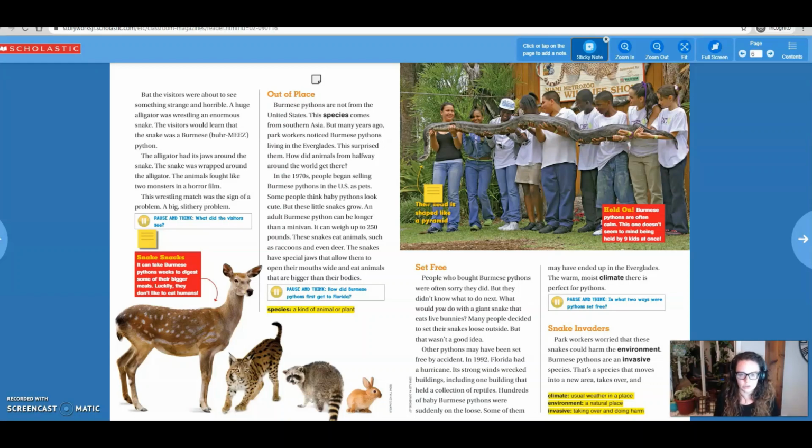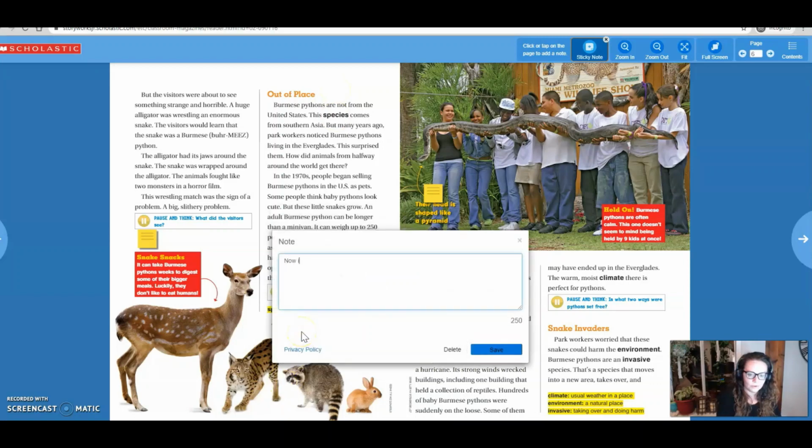They were introduced there by people. And I think I can infer that sometimes when the snakes get too big, people must leave them in the Everglades and set them free without thinking about how that hurts the environment. Now it all makes sense to me. So I think I'm going to track that thinking.